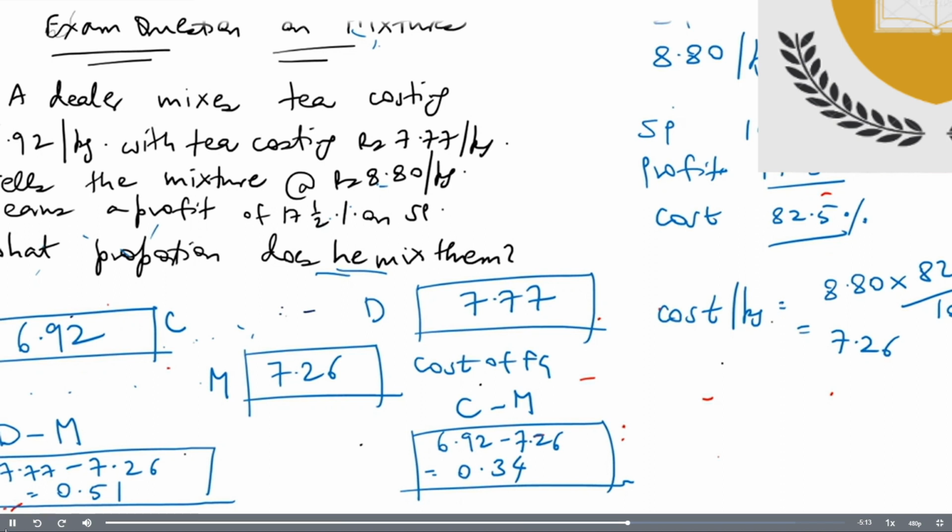This is quantity 1 and this is quantity 2. So the proportion is 0.51 is to 0.34. You can also write this as 51 is to 34, which can be further simplified into 3 is to 2.